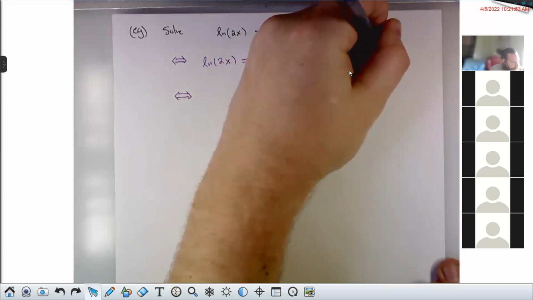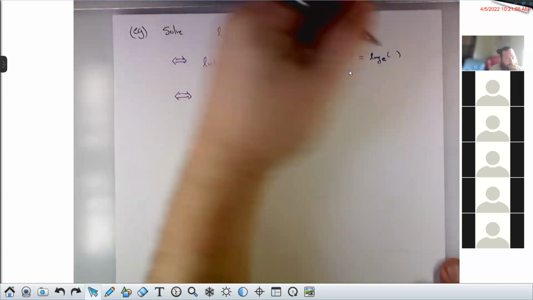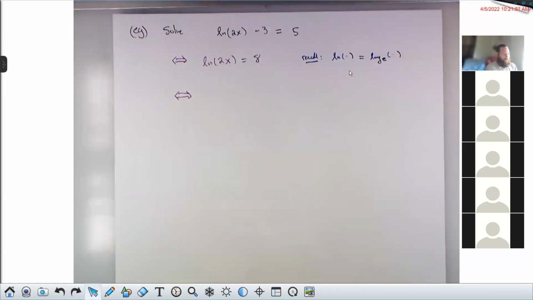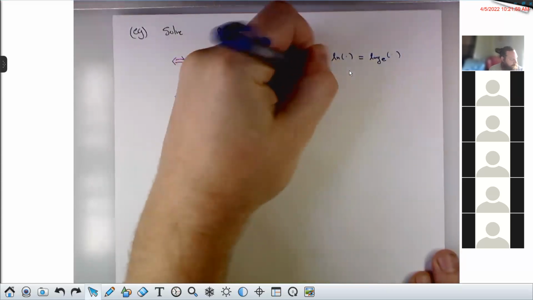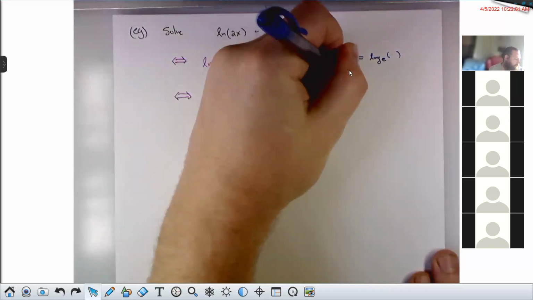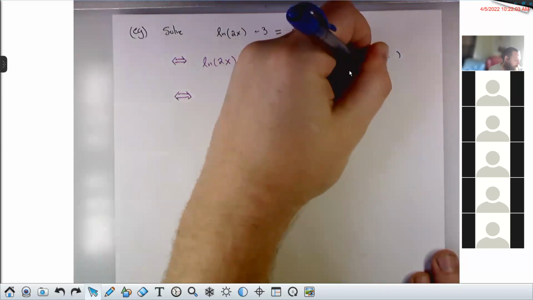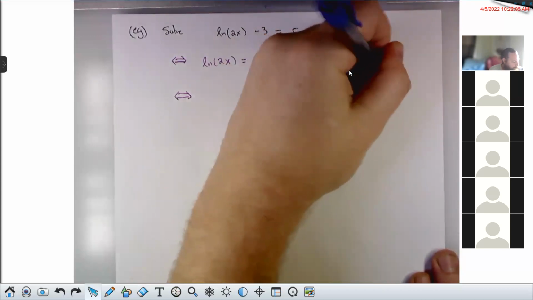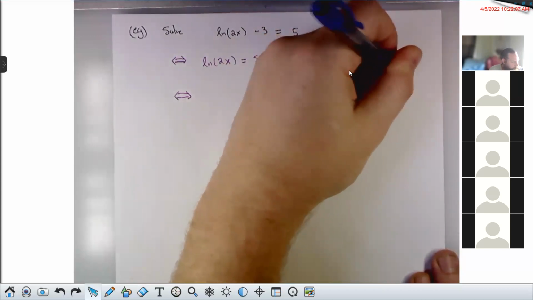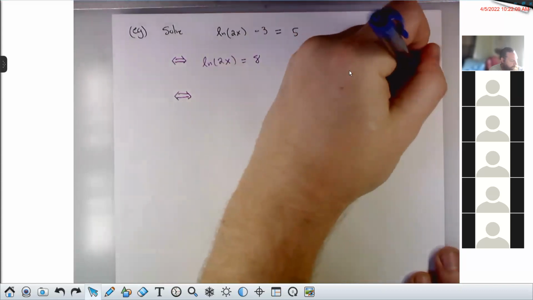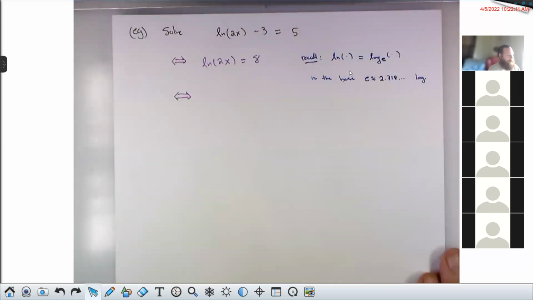It's a special number. It's that number e. That Euler's number, 2.718, and so on. So what we need to do is exponentiate on both sides using the base e.